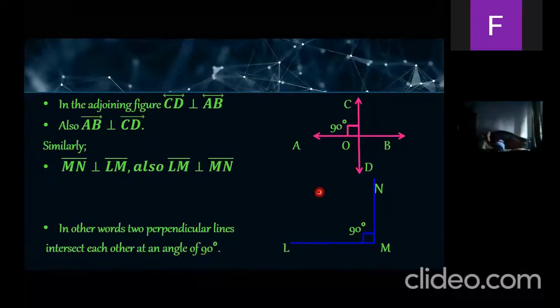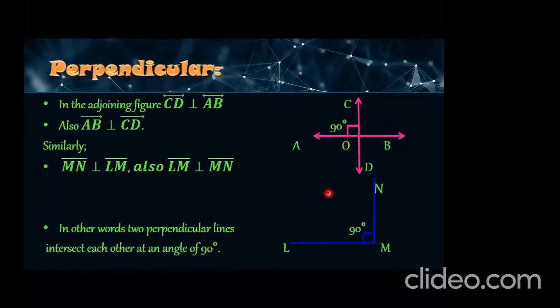Now next is this one, perpendicular. Now look here in the adjoining figure, this is CD. CD is perpendicular to AB. This is line AB. Why is it perpendicular to AB? Because after intersecting they form an angle of 90 degrees. Here they also form angles of 90 degrees, 90 degrees and 90 degrees. Also you can say that AB is perpendicular to CD.